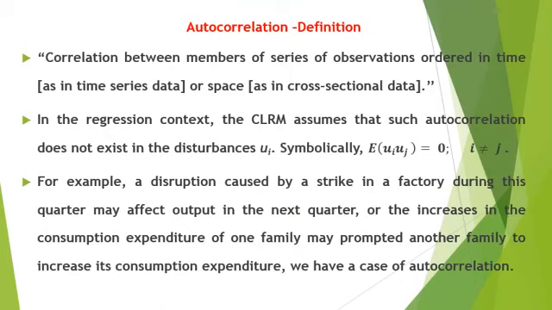Autocorrelation simply means the correlation among a given set of data and a lagged version of itself over some successive time intervals. The data in question is usually time series data. There is only one difference between a simple correlation and autocorrelation. In simple correlation, we examine whether 2 different series of data are correlated or not.